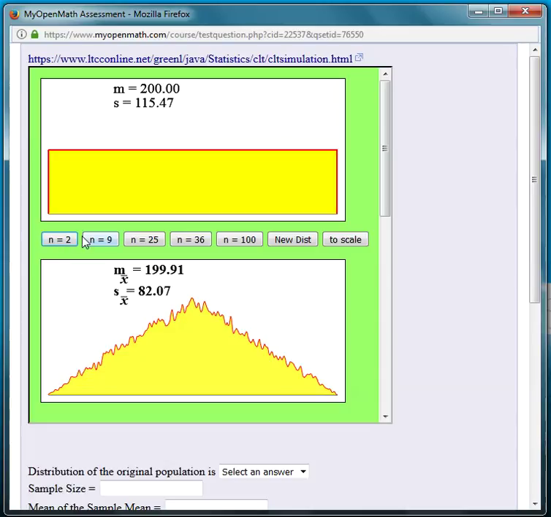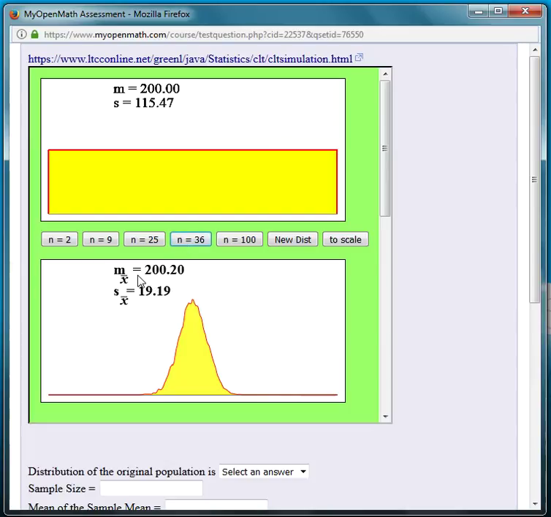Now I'm going to increase the sample size. Each time I'm going to draw 9 samples, and notice the shape starts to get closer and closer to a normal distribution.